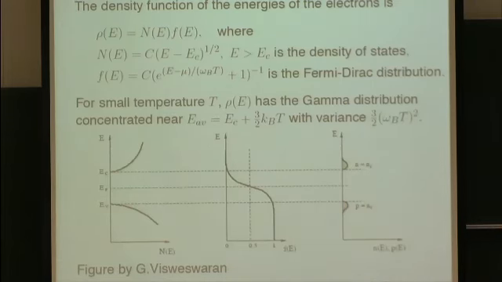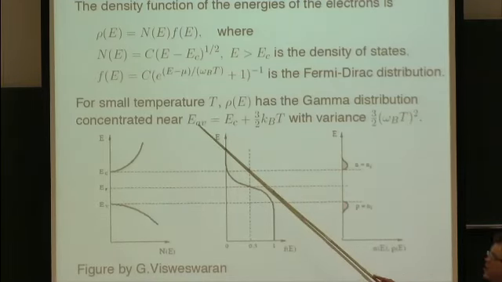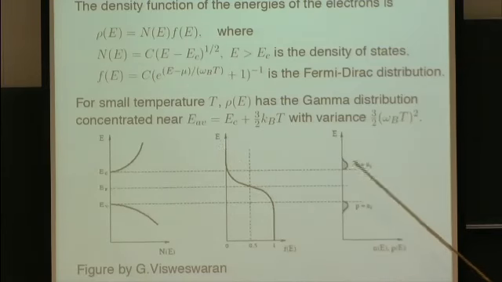So if you go to quite low temperatures, then all electrons in the medium are very close to this energy level. So building up a Schrödinger hat potential that is planned, engineered for this energy level, would hopefully work. Okay.